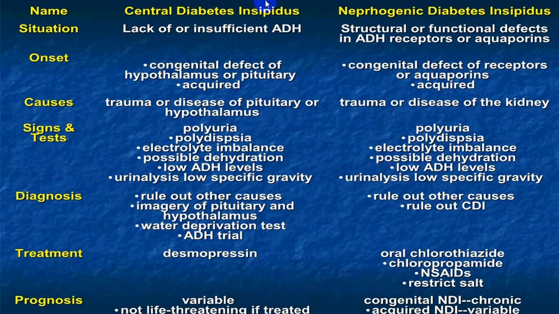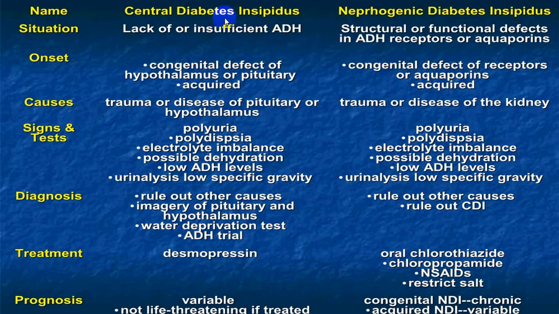In the central variety, many times there is a congenital defect in the hypothalamus or pituitary, or because of acquired conditions, you get decreased production of ADH hormone. In the nephrogenic variety, it can be a congenital defect or an acquired defect.